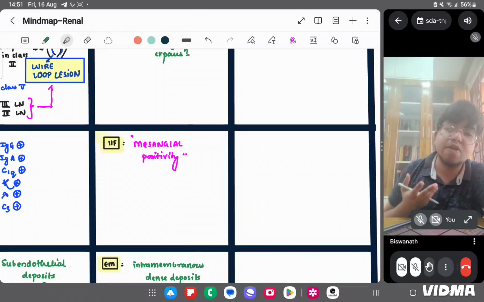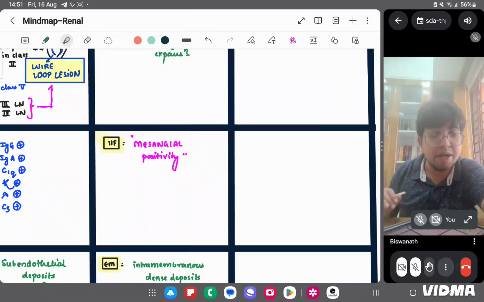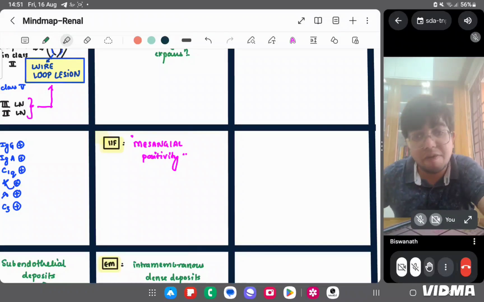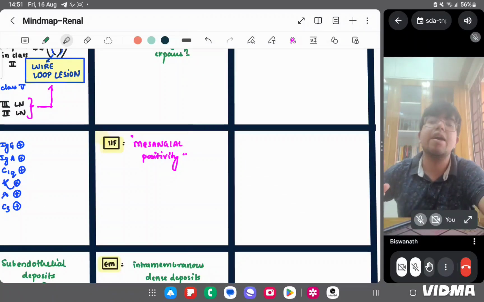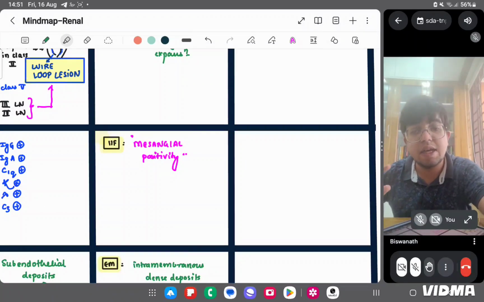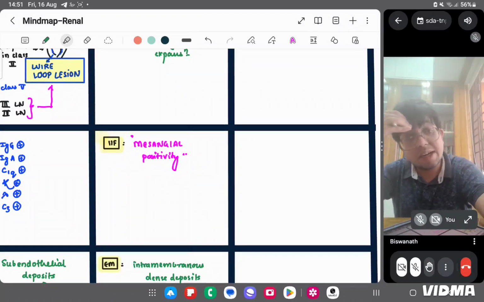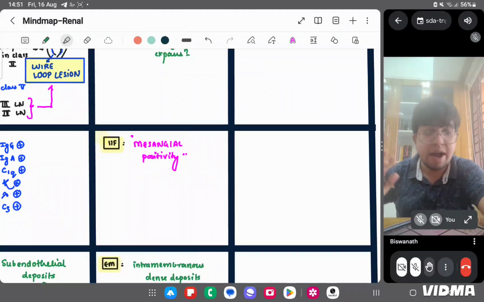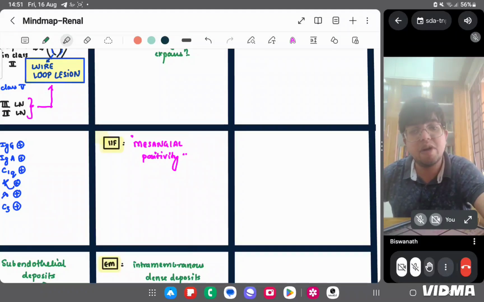It may show a granular pattern, a linear pattern, or a pauci-immune pattern. Pauci-immune means no immunofluorescence, that is negative. Based on that, we have to remember and understand these things.